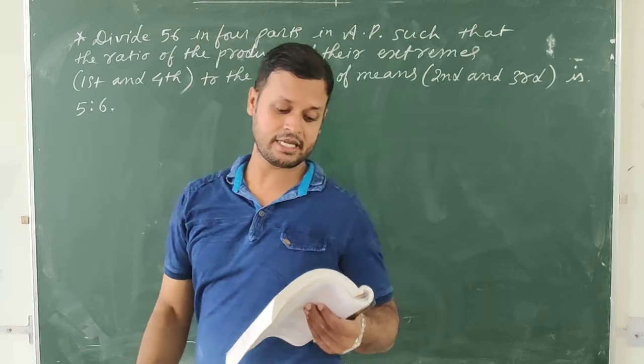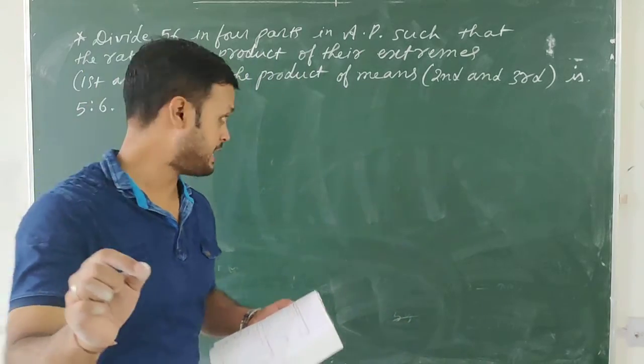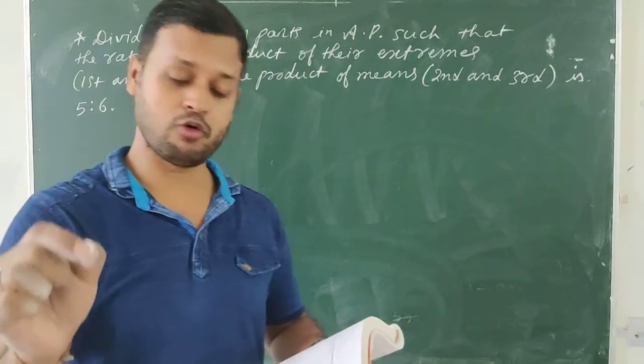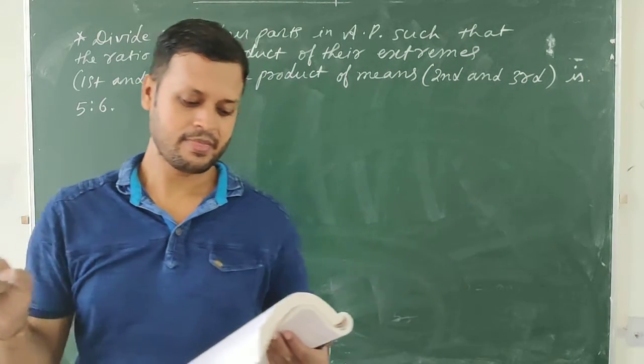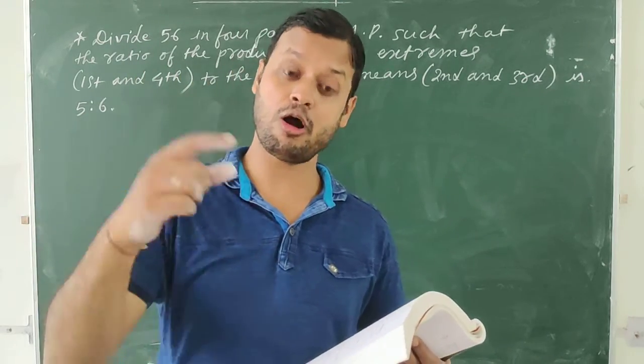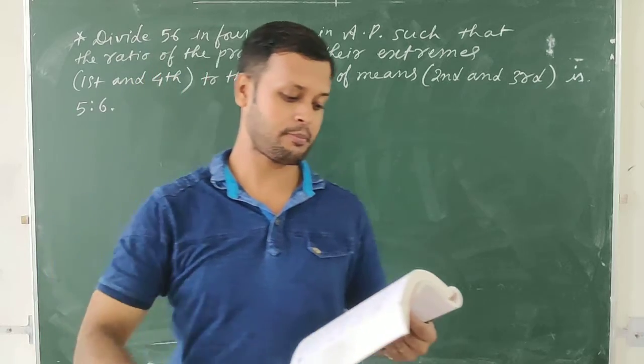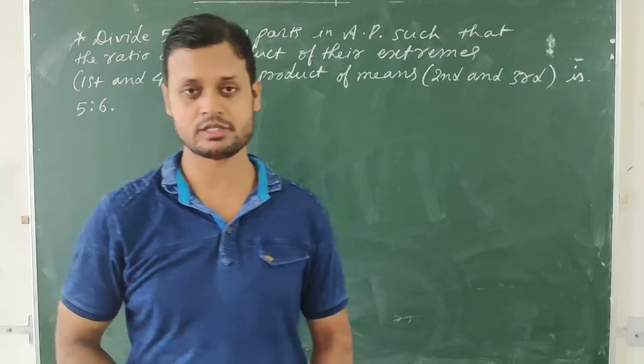So divide 56 in 4 parts in AP such that the ratio of the product of their extremes to the product of their means is 5:6. Very, very interesting sum.